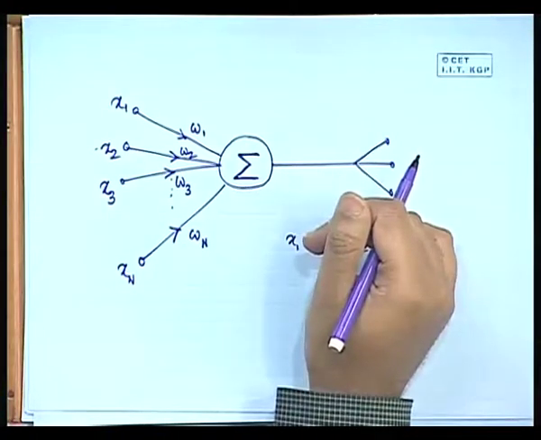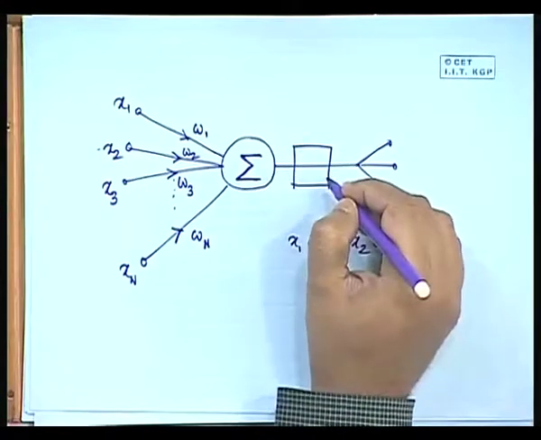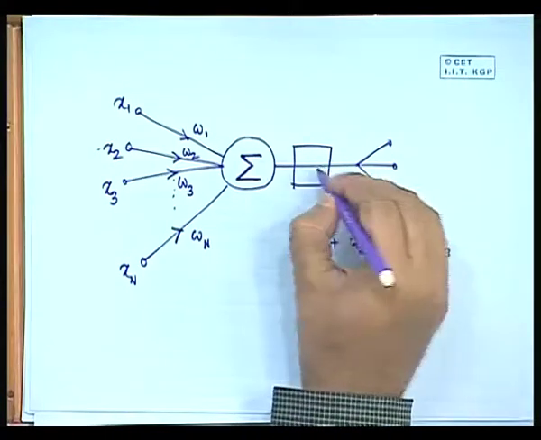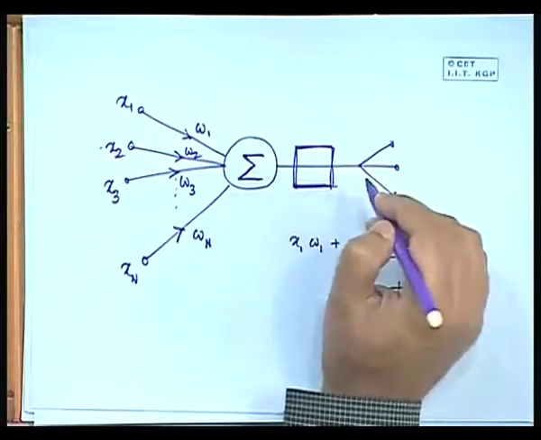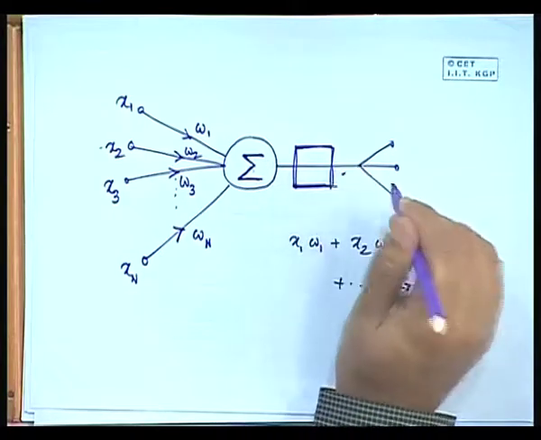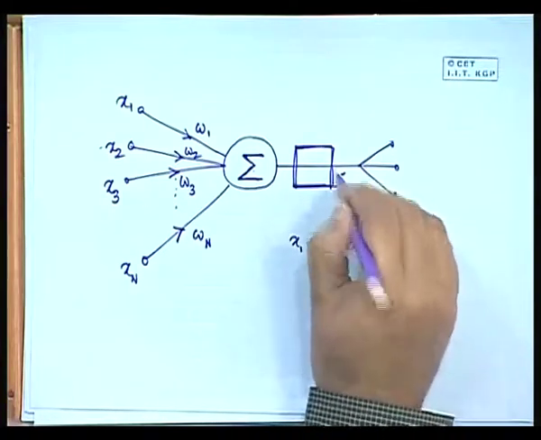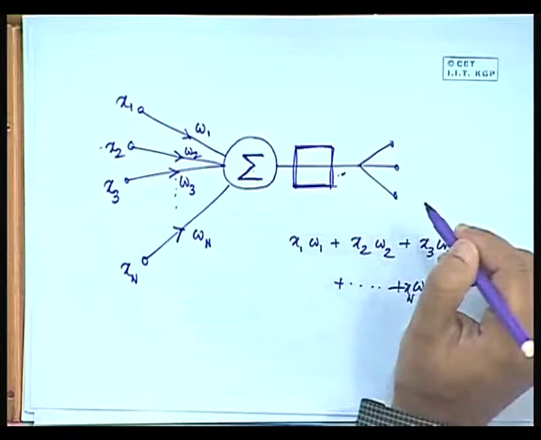So, in order to arrive at a decision, this must be followed up by some nonlinear processing unit. There must be some nonlinear unit that will follow this summation, and effectively whatever is available at the output of that nonlinear unit is going to be the output of the neuron.